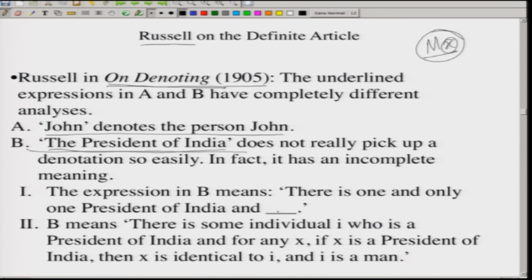So, the whole sentence means that there is some individual I who is a president of India, and for any x, if x is a president of India, then x is identical to I, and I is a man.